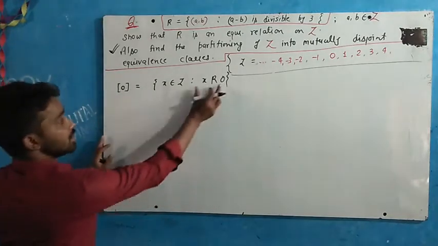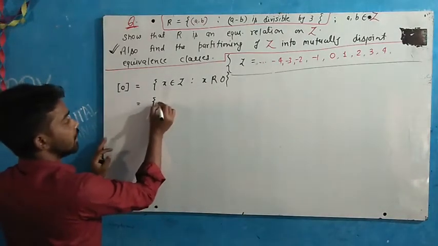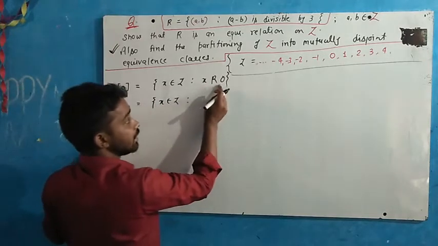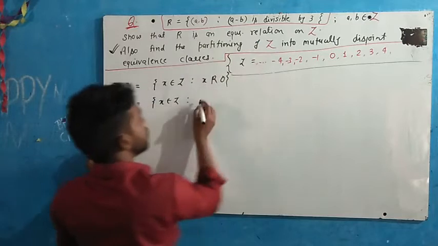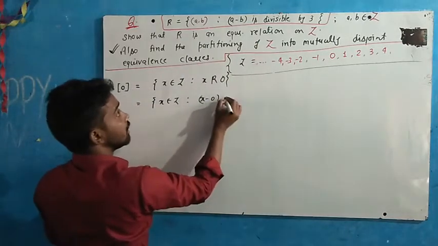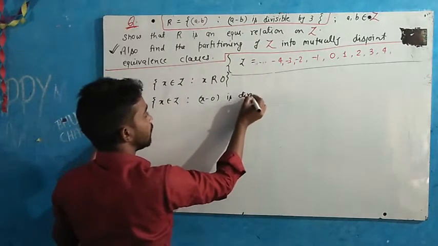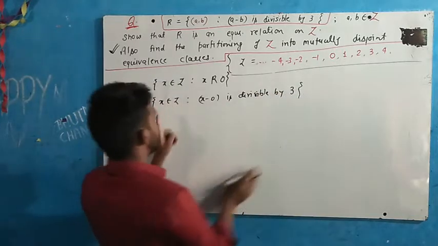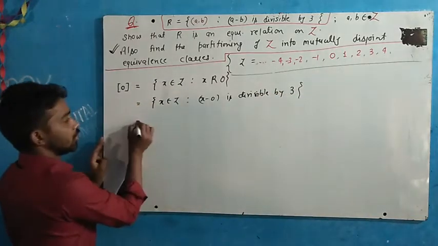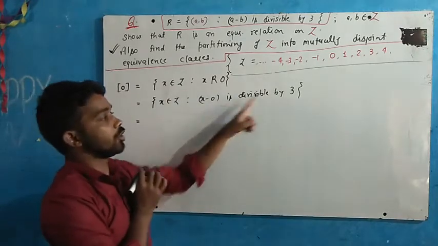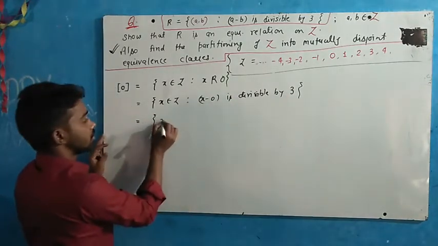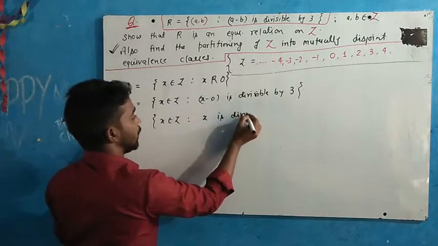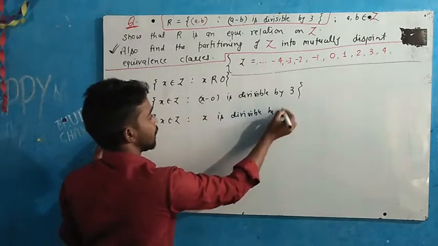Now see, this can also be written as: x belongs to Z such that x is related to 0, meaning x minus 0 is divisible by 3, for every x belonging to the integers. Clear? Now listen again, x minus 0 divisible by 3 means such x in Z that x is divisible by 3.